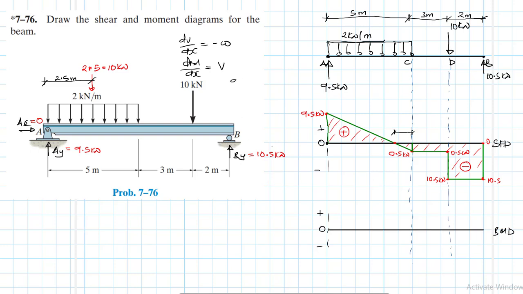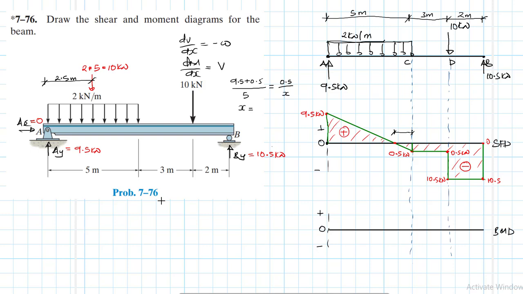So we have 9 plus 5 plus 0.5, divided by the whole length from A to C, which is 5, is equal to the length of this smaller triangle, which is just 0.5, divided by this length we're just going to call x.